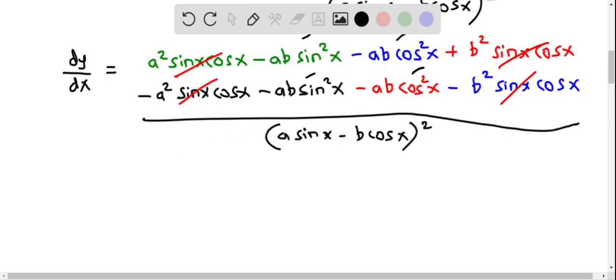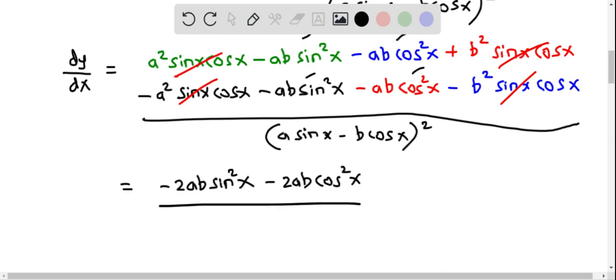So let's combine these two terms. When we combine the like term sine squared x, we will get negative 2ab sine squared x. And when we combine the cos squared x, we will get negative 2ab cos squared x. And this is all over the denominator a sine x minus b cosine x quantity square.